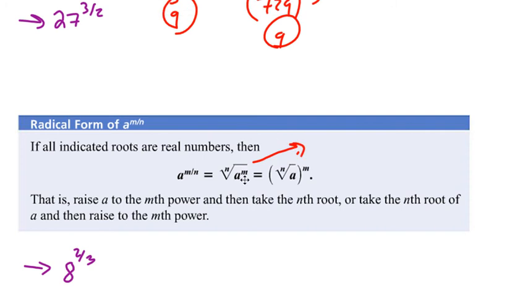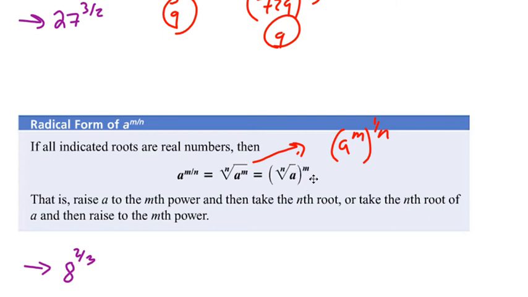So the a to the power of m can be written inside, so a to the power of m, but then this whole thing has an nth root. So if it's the nth root, then we raise that to 1 over n. Okay, and that's what we were writing up just above right now. So you can write it as that has a root, or you can write it as a fractional exponent.